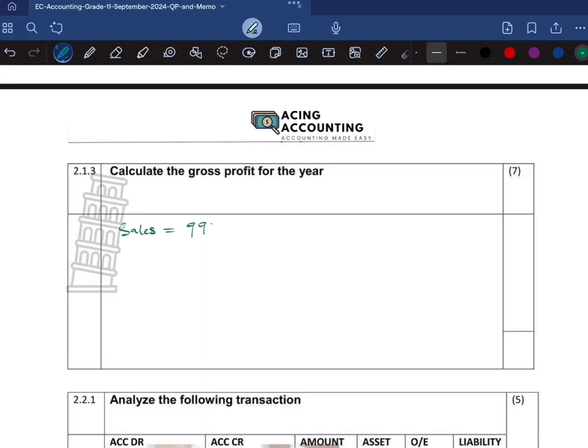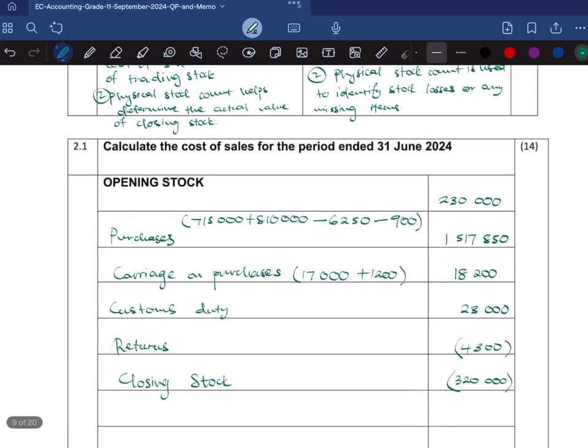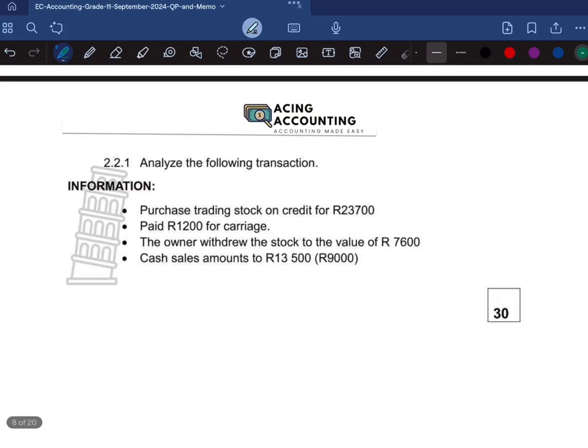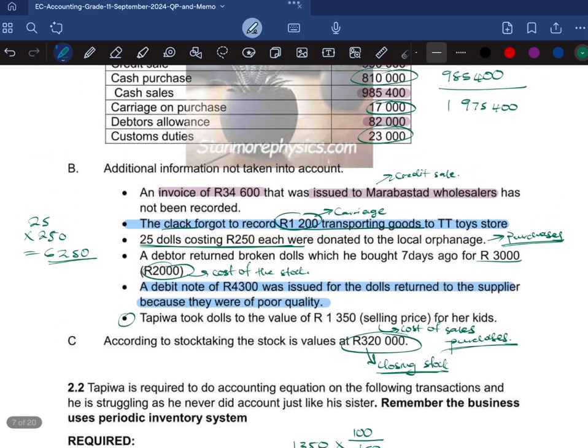So let's just quickly do that. That's 990, just to show them separately because we might be at risk of losing the separate marks. But if your amount is correct, then that's also okay. Then now we had some transactions that we said are going to affect our sales, right?